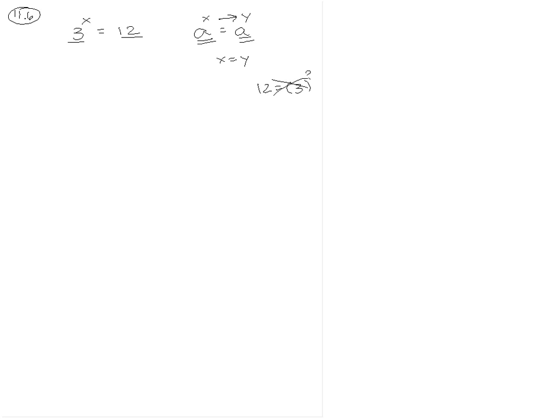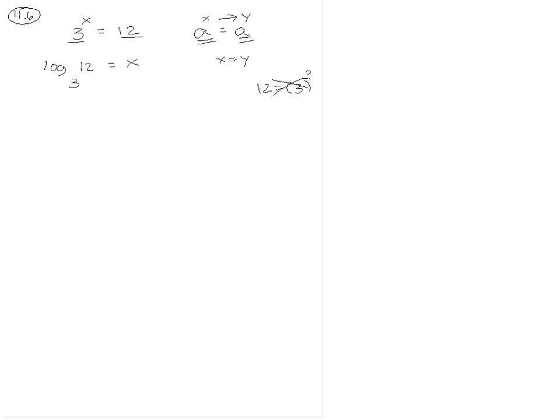Before, we had stuff in logarithmic form, and I said if you don't know how to solve it, you switch it out. When in doubt, switch it out, and you turn it to exponential. Well now, if you're in exponential form and you can't solve it, you change it to logarithmic form. So this would be log base 3 of 12 equals x. Now you can do this because I've already taught you the change of base formula, correct?